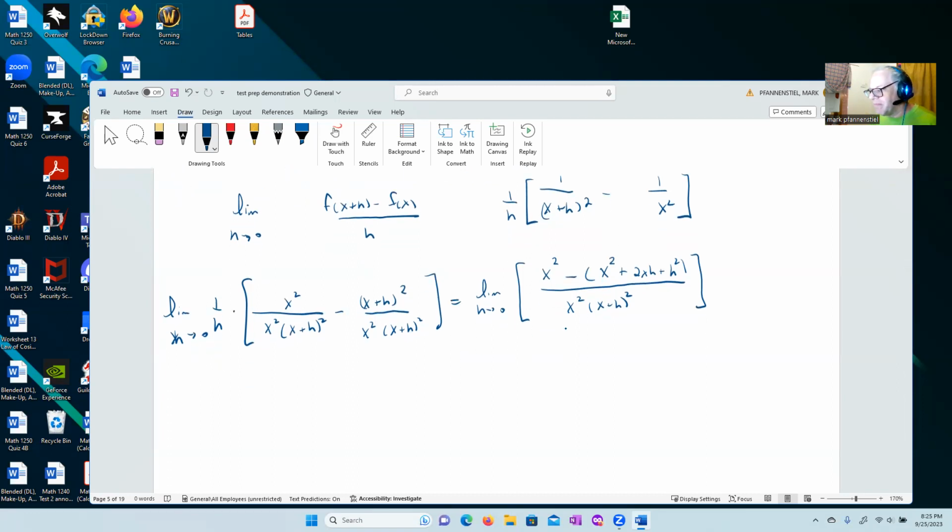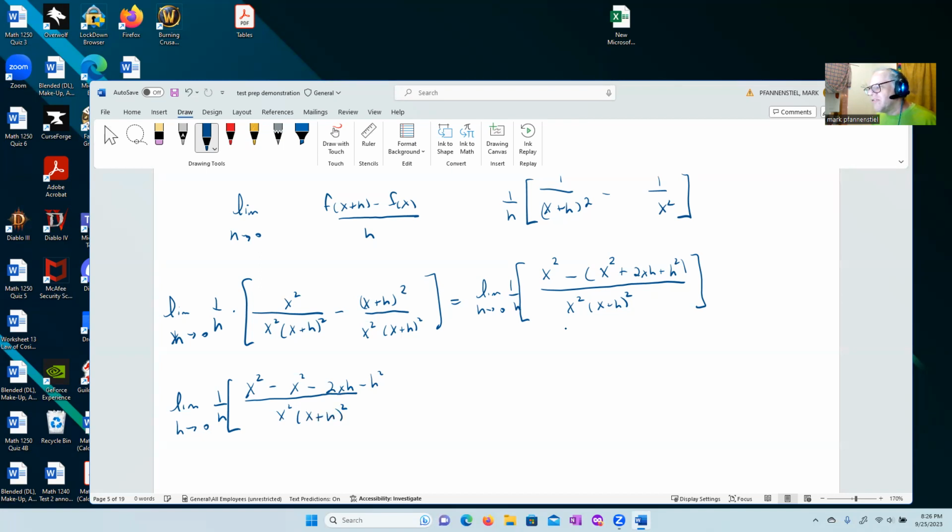So we have our limit as h goes to 0. And here on the top we have x squared minus x squared minus 2xh minus h squared, all divided by, oh, there's a 1 over h out here too. Don't let me forget that. All divided by x squared times (x plus h) squared.